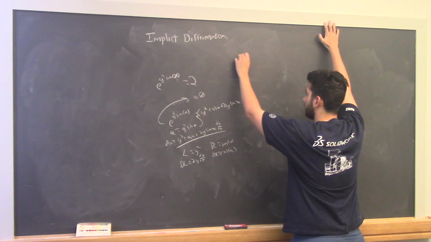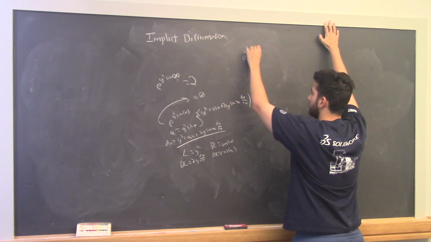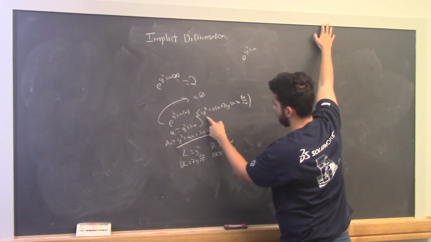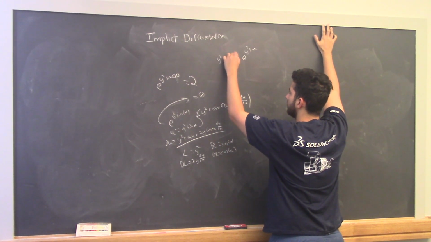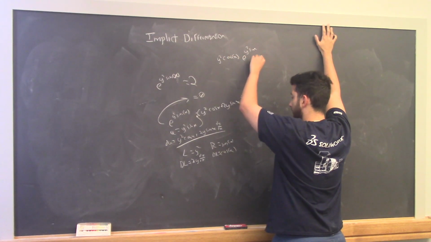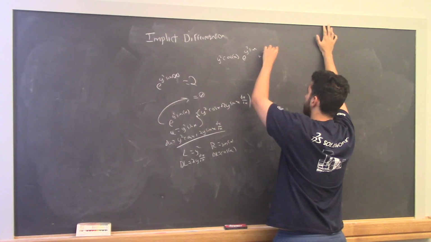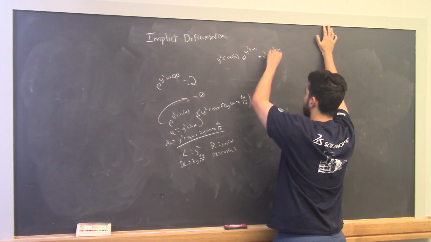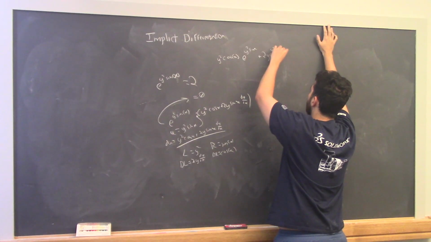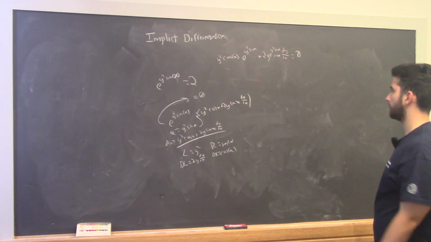So we're going to have e to the y squared sine x, right, times y squared cosine of x, plus 2y e to the y squared sine x times sine x, dy dx equals 0, right?